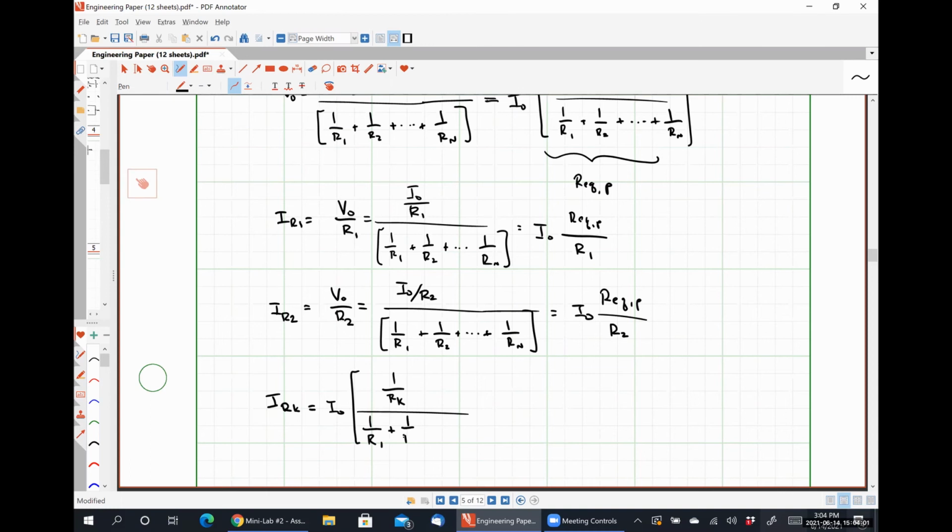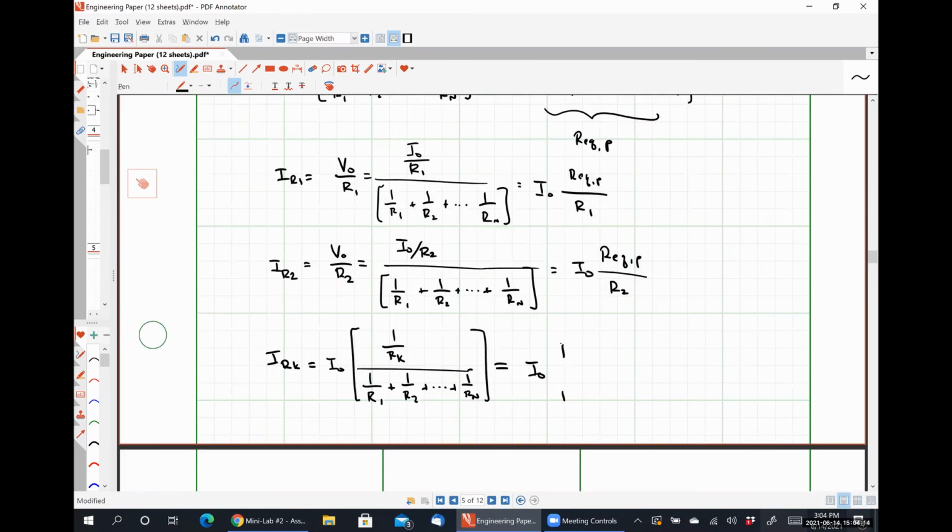So 1 over R1 plus 1 over R2 plus 1 over Rn, which is the exact same thing as I naught times REQ comma P divided by R sub K.